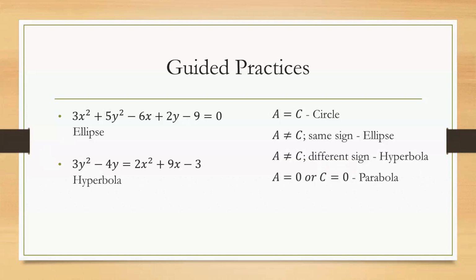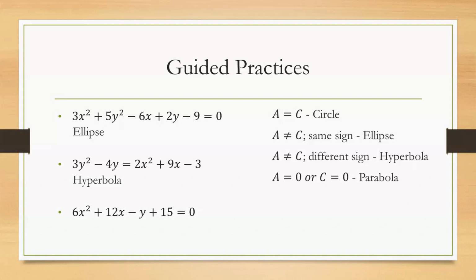Okay, so we move on to the next equation. 6x squared plus 12x minus y plus 15 equals 0. So from here, we could already determine immediately the conic section because the y squared term is missing.